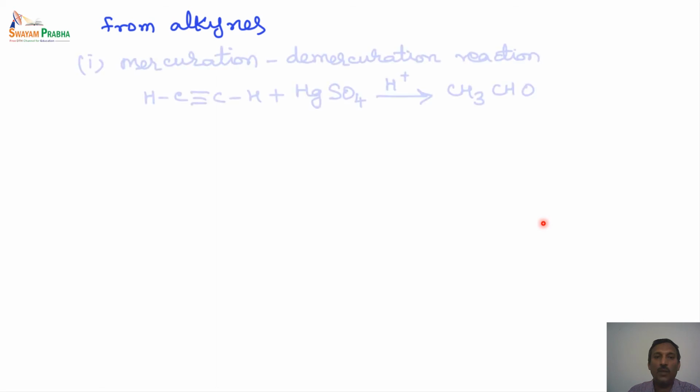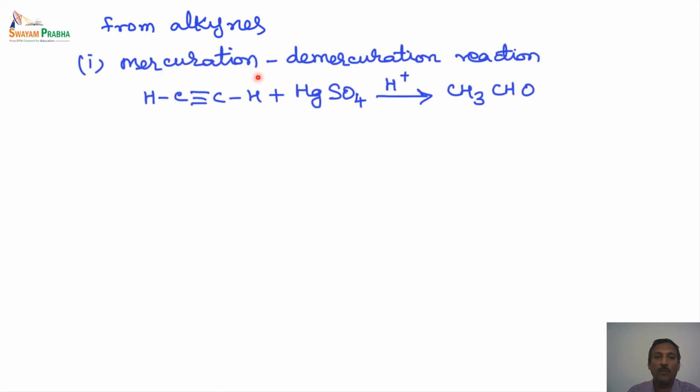And the next one is from alkynes. Mercuration and demercuration is one reaction in which an alkyne can be converted to the corresponding aldehyde. Here acetylene is taken as an example, and mercuric sulfate reacts with the alkyne, that is acetylene, and an acidic workup produces the corresponding acetaldehyde.